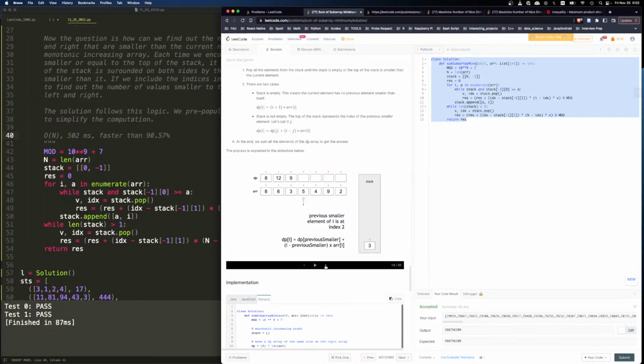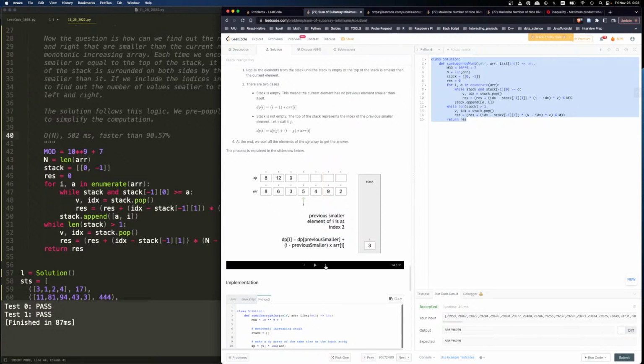So dp[i] equals dp[previous] plus (i minus the previous smallest) times array[i].